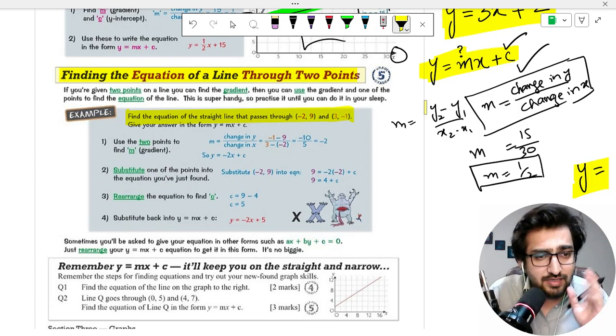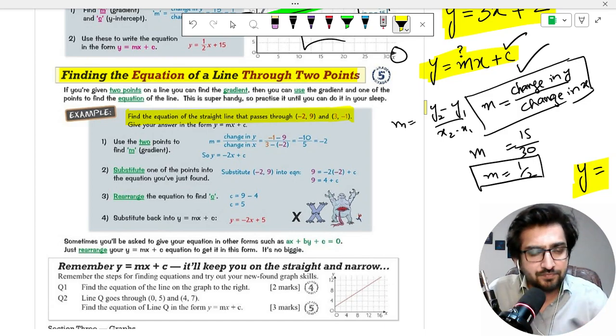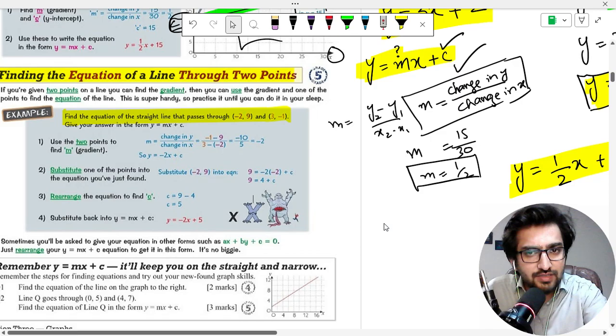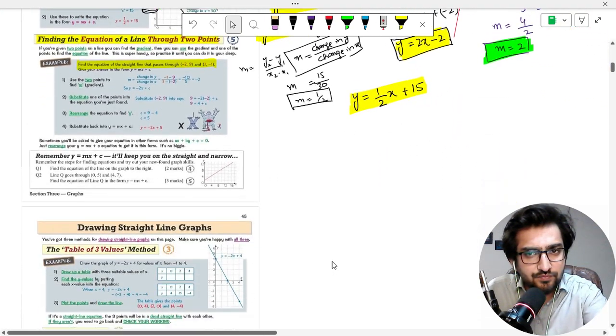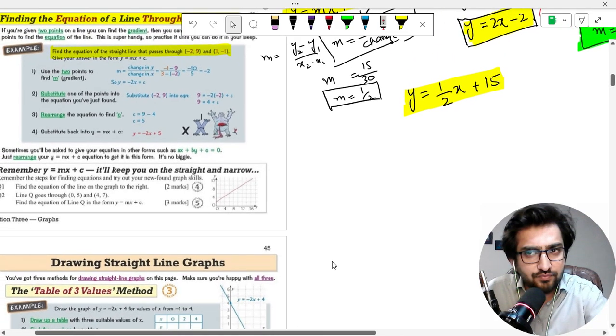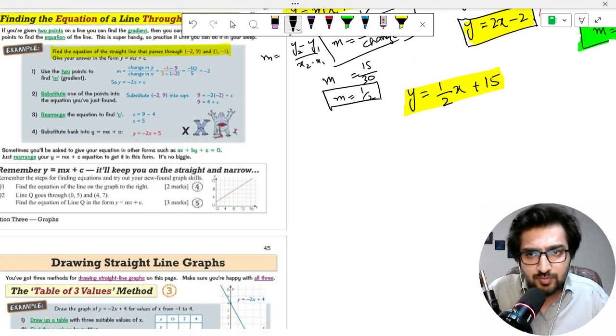In this question there is no graph, and it does not matter. Even though the graph is not given, we can still find the equation of the straight line which passes through those 2 points. So let's work on this question here. Let me write the question.